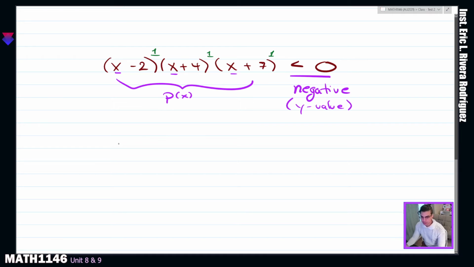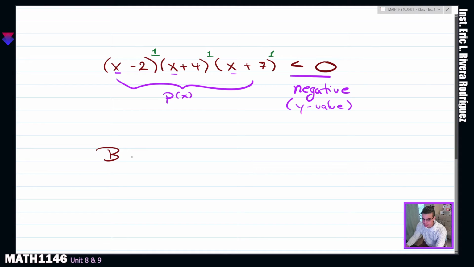So our goal is to find all the x values that make this polynomial negative, less than 0. Since we are working with a polynomial, the first thing that we want to identify are the zeros.